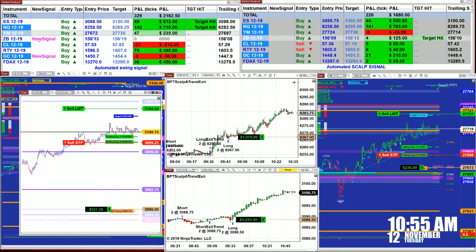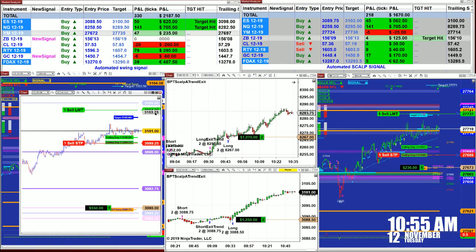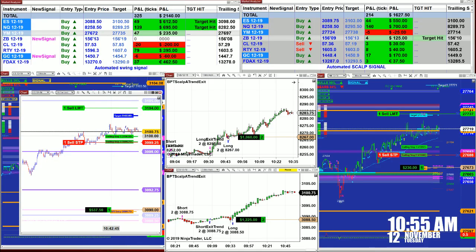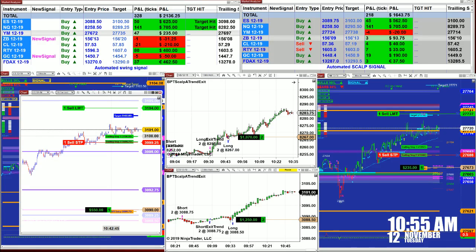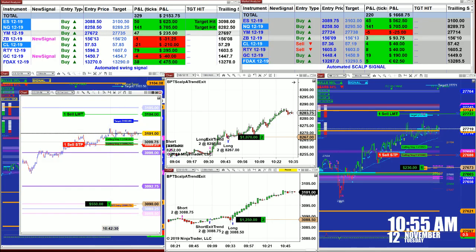There is a new signal on the 30-year Treasury bond. That means buy, and there is a new signal on gold, buy at 1450.7. But on the ES, you can see it came into the first minor support area at 3100, and we had a trailing stop in there and got knocked out, and we still have one lot on the ES.